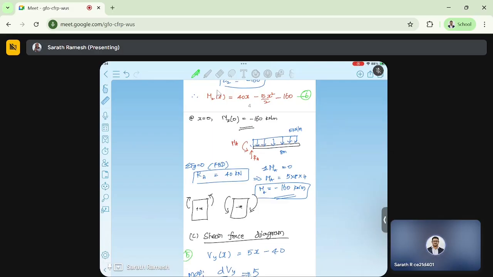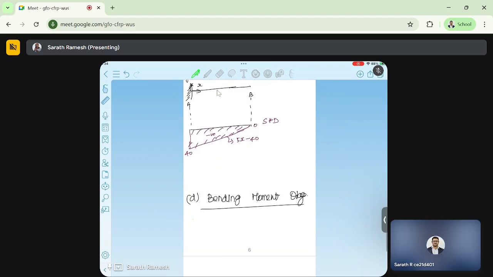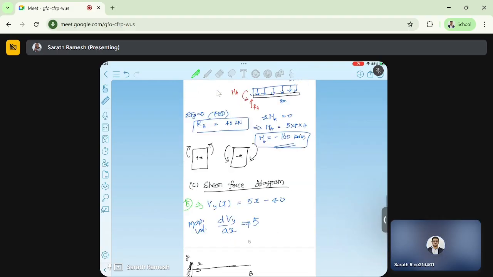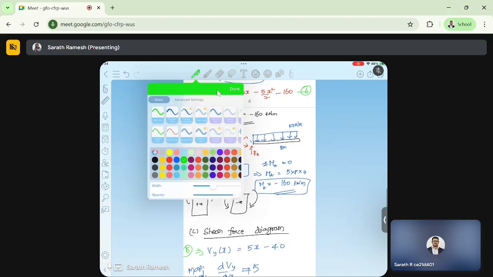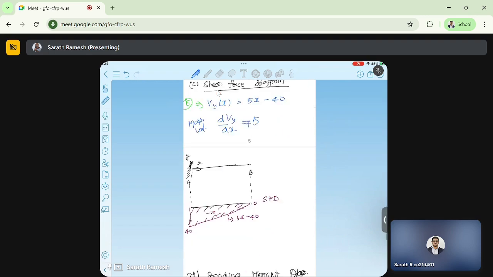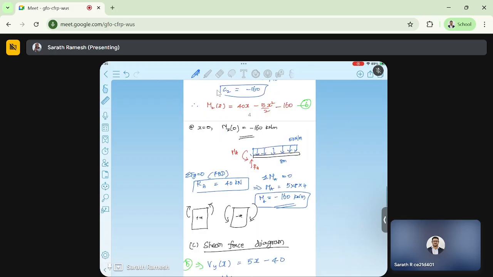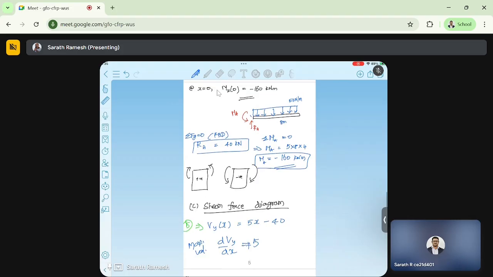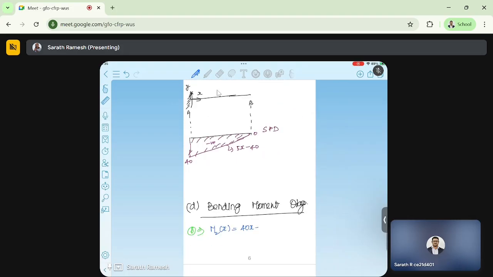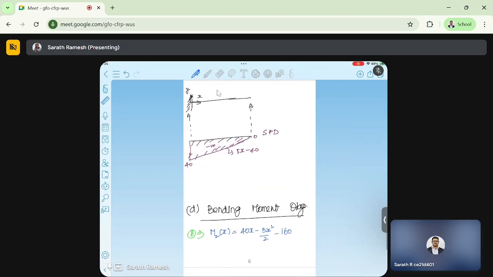Equation number 5 implies equation number 6: M_z of x equals 40x minus 5x square by 2 minus 160.